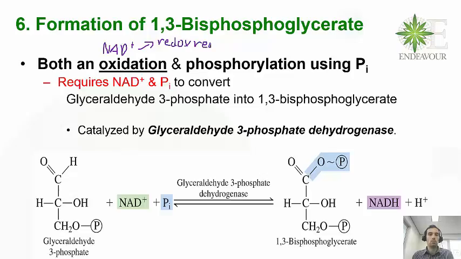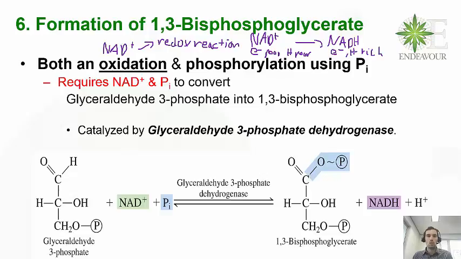So depending on the form of our coenzyme here, it's either going to be facilitating an oxidation or reduction. So remember, if it's in the form of NAD+, we say that this is electron poor and also hydrogen poor. So we need to change the NAD+ to a form where it actually has more electrons and more hydrogen. So we call this the NADH, and this is the electron and hydrogen rich form.